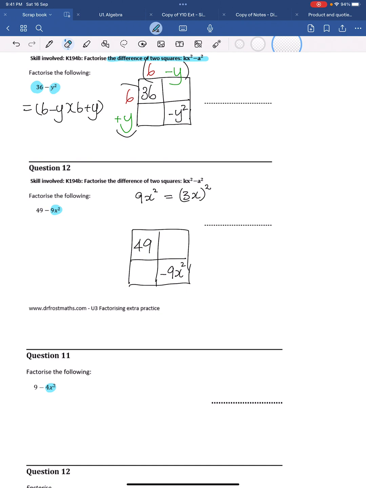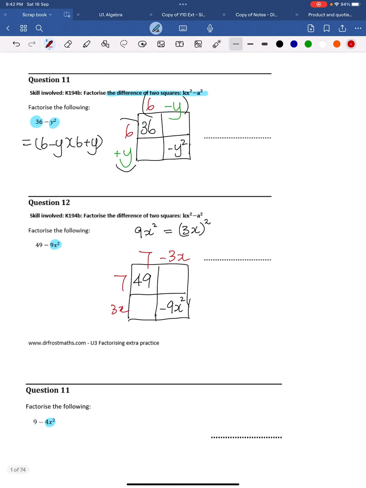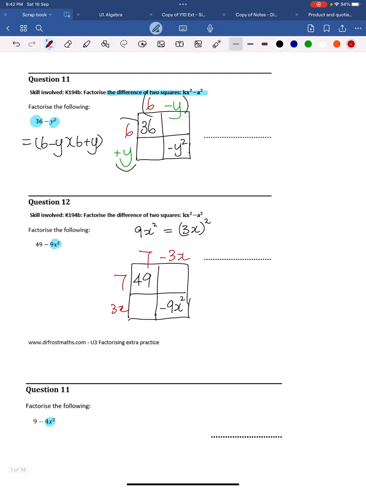Now, assuming that you are playing the video again, so now this is 7 times 7 to give us 49, and we need 3x and 3x. One of them needs to be negative. And so, I forgot to say, if we have one of each, like one negative, one positive, we will have a negative 21x in this box and a positive 21x in this one.